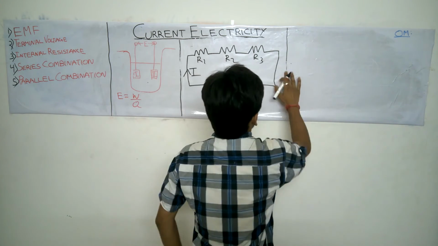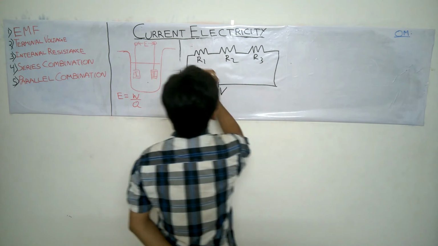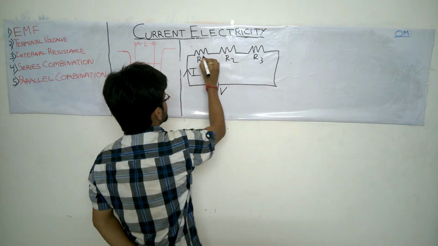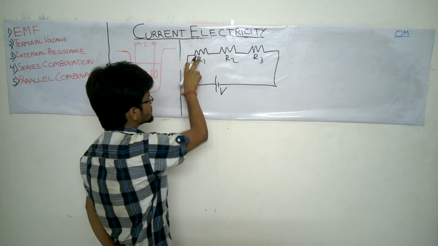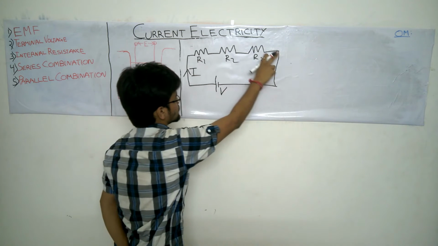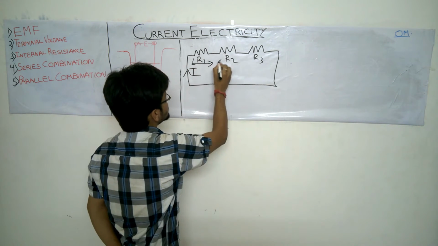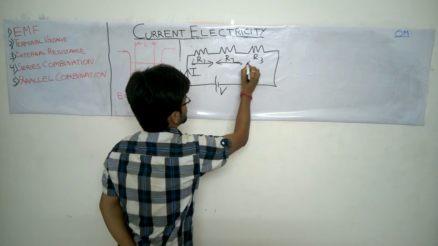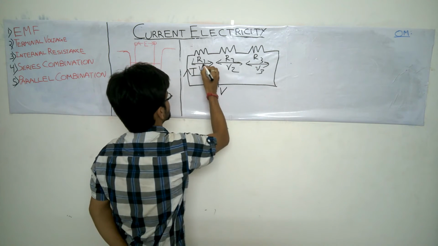Okay. So now we know that the same current flows through all these resistors. But we'll have a different potential difference across each resistor, that is V3, V2 and V1.